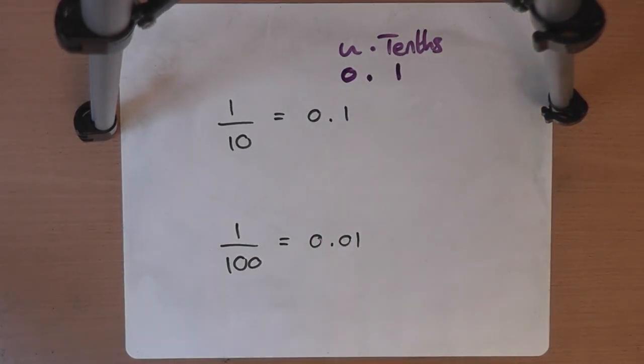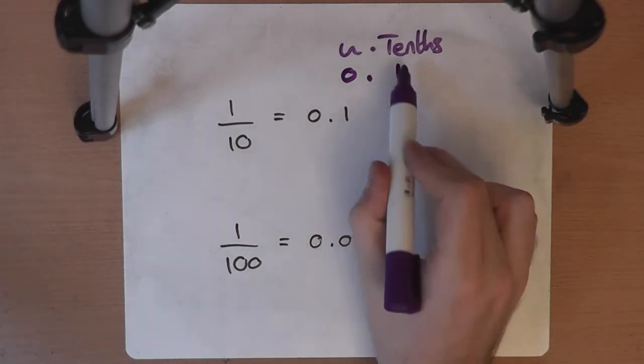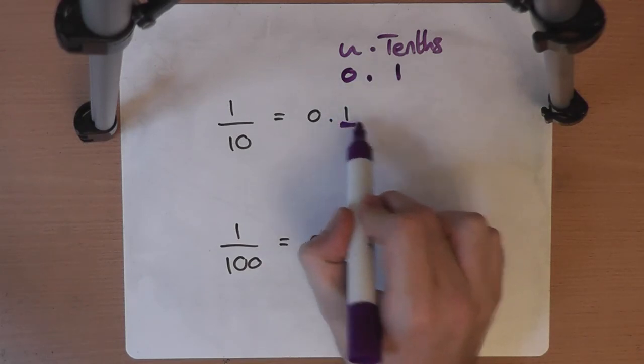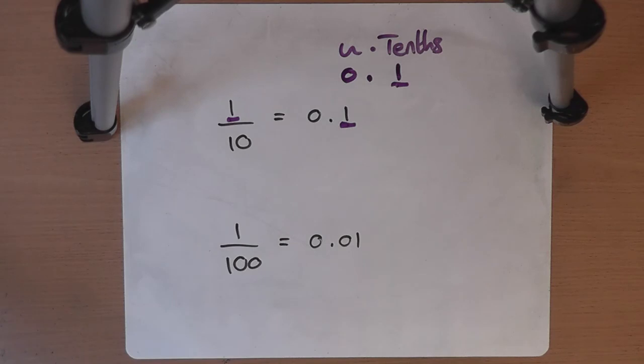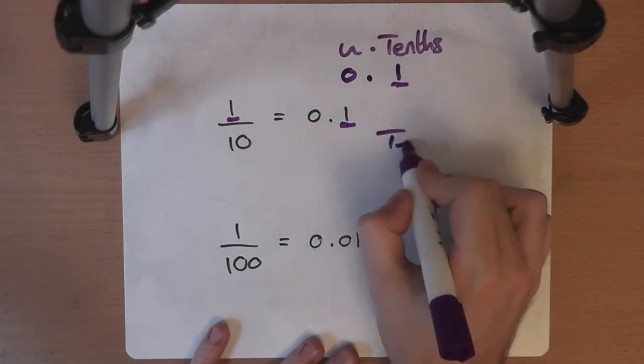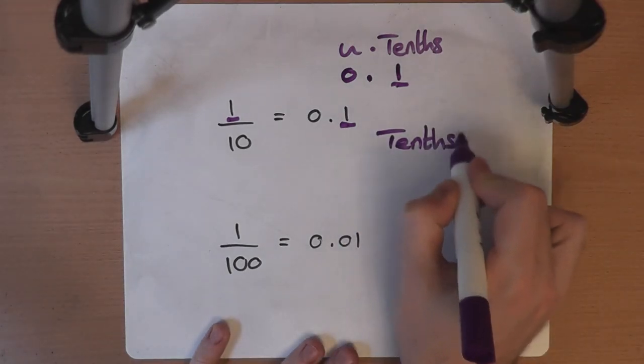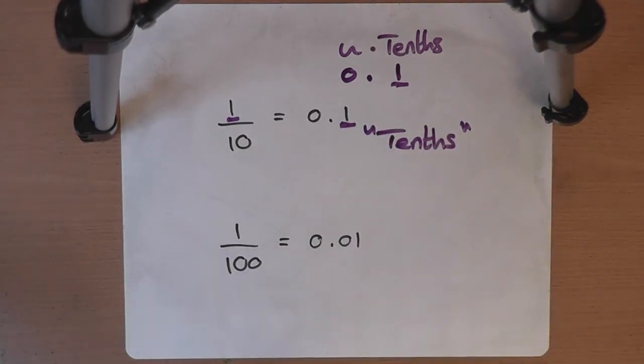And in any presentation like that, 1 tenth is 0.1, 2 tenths 0.2, 3 tenths 0.3, and so on. The digit part, the how many tenths, is going to end up in the tenths column. And in fact, that is why this column is called the tenths. Because it's where the decimal conversions of the tenths, 1 tenth, 2 tenths, 3 tenths, and so on, would end up.